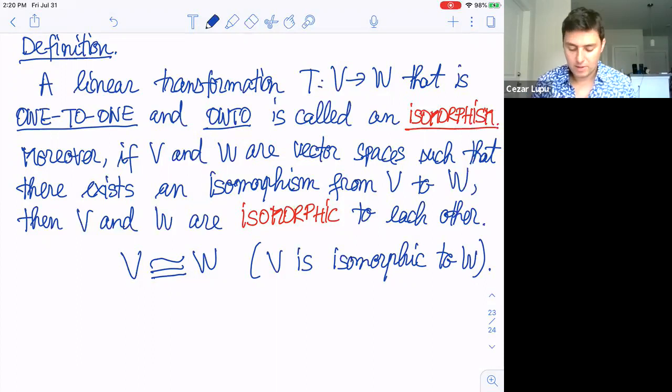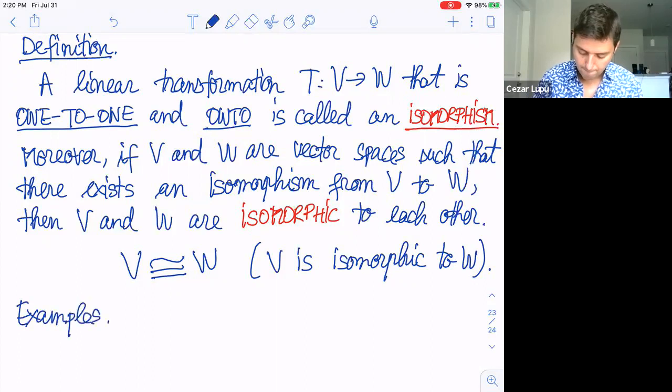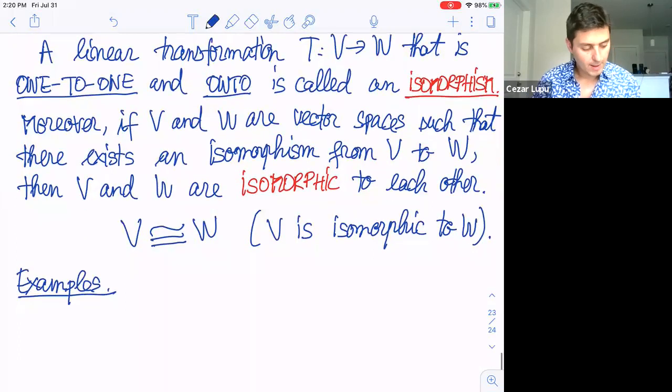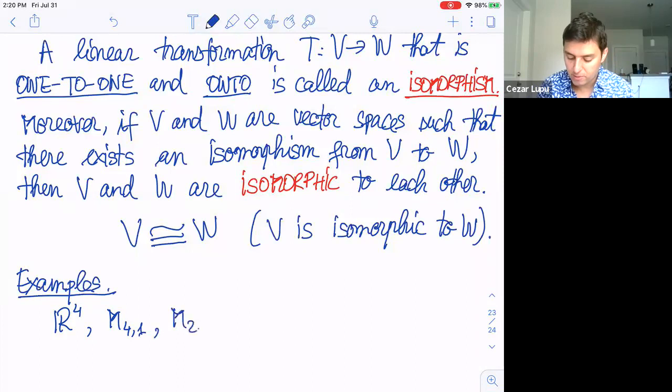Right? For examples. Let's see. R4. So imagine taking this vector space R4, and this will be isomorphic to the set of matrices M41 or even M22 are isomorphic to each other.